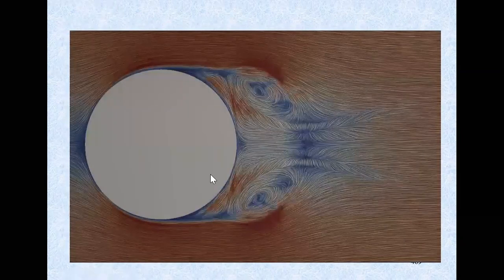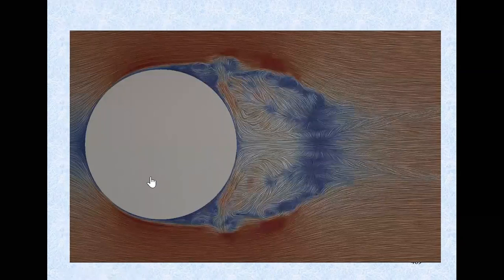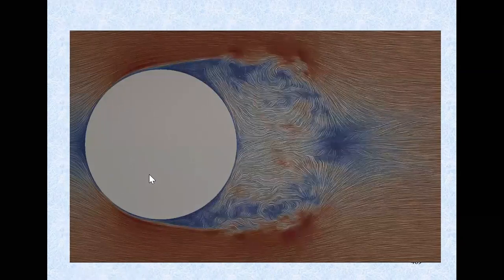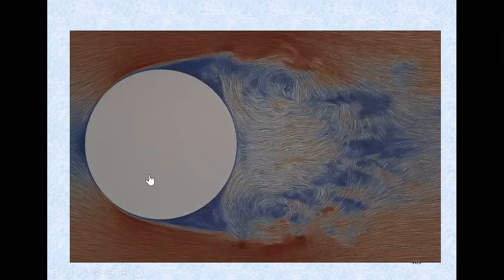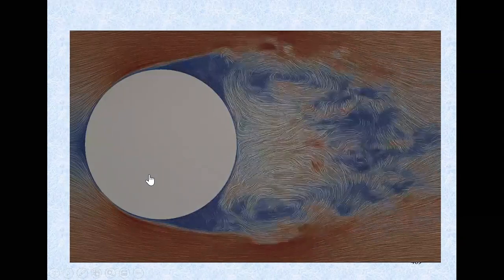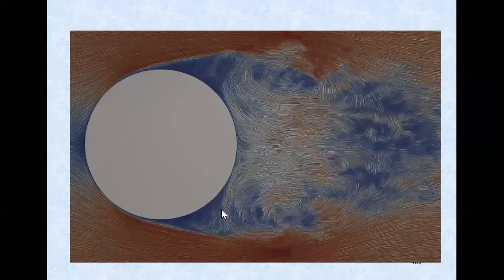I have a video that you can see of the flow over a sphere. Okay, here you go. So it's starting with low Reynolds number, and then you're going to have a high Reynolds number.